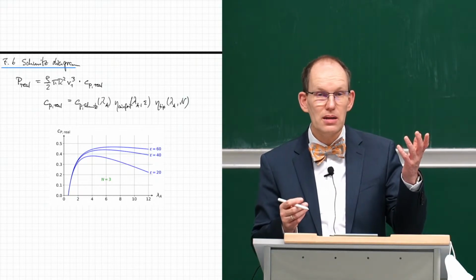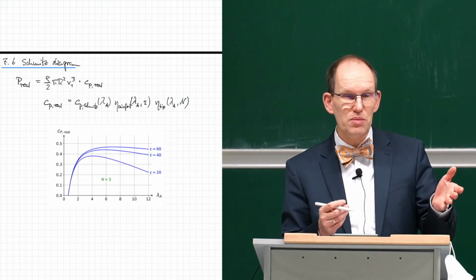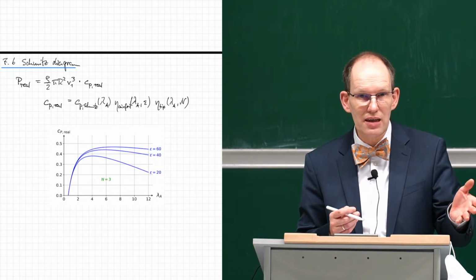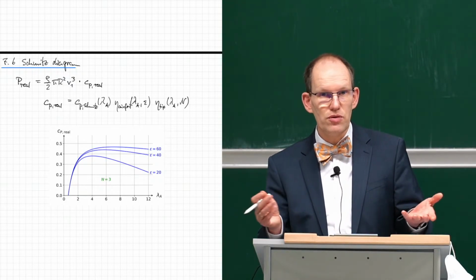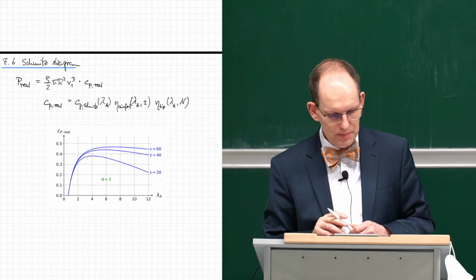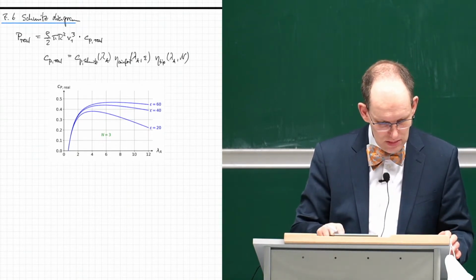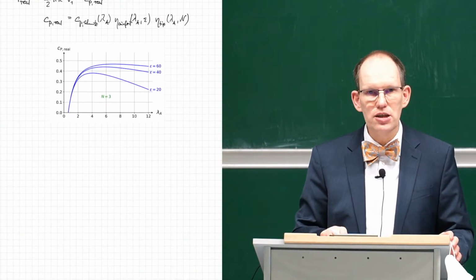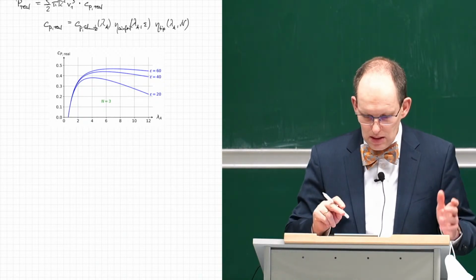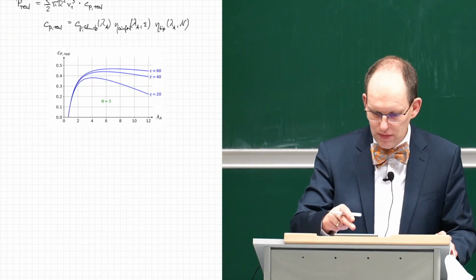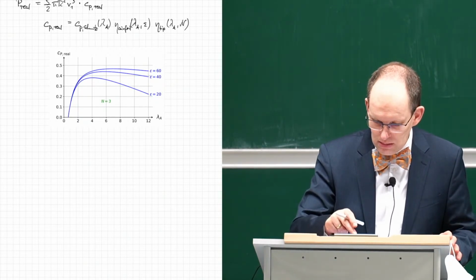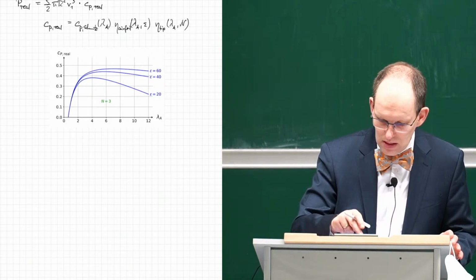Now remember, this tip speed ratio of 7, this is exactly what we have for a modern windmill. But I can go one step further and show you a graph for an existing windmill.